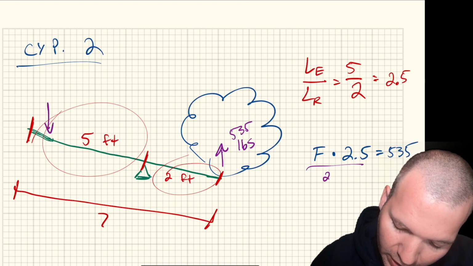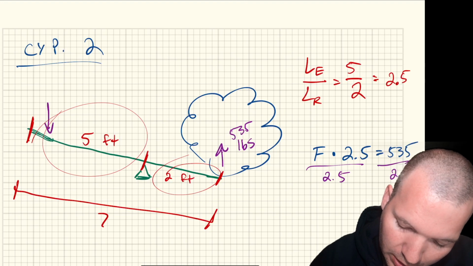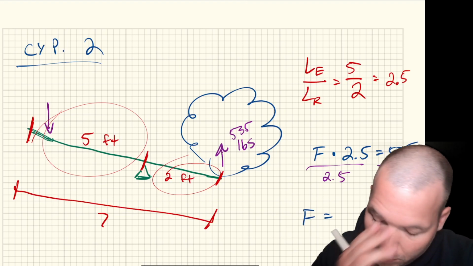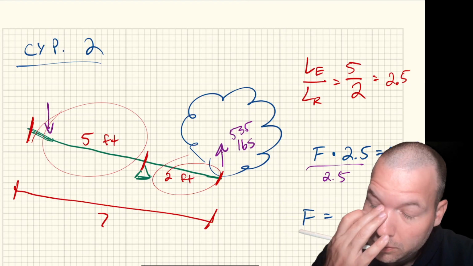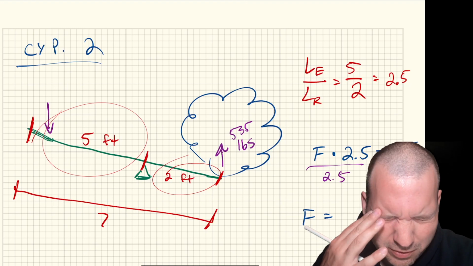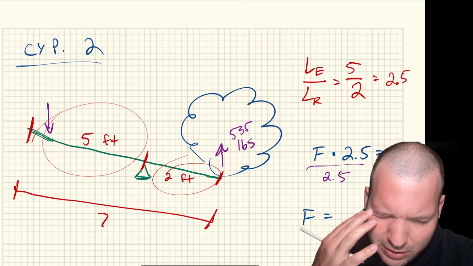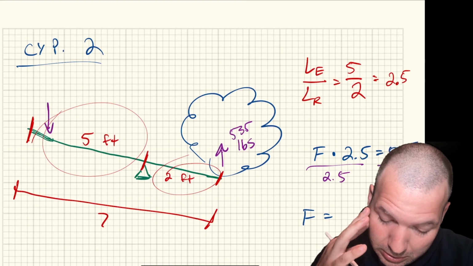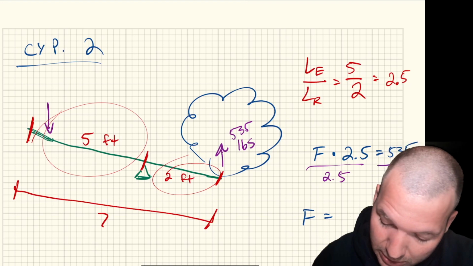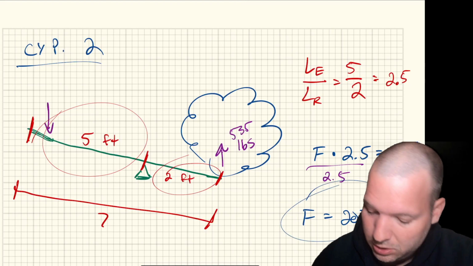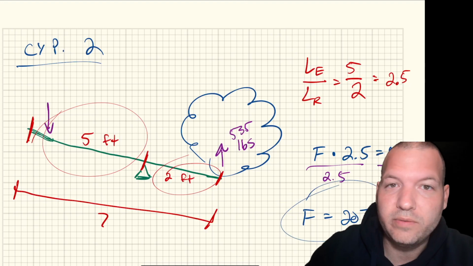So we're going to divide by 2.5 to isolate the force, and that means that F equals, I don't know, how many times does 25 go into 5,350? Goes in 207 times. So she needs to be able to place 207 pounds of force.